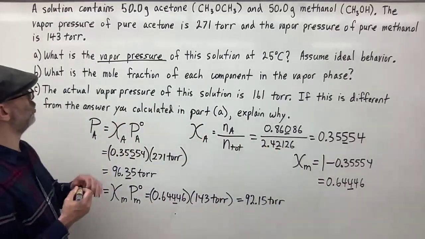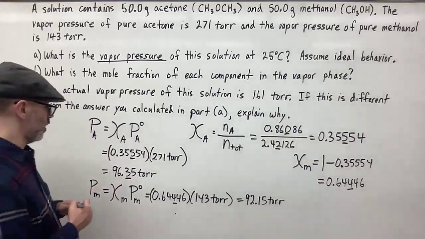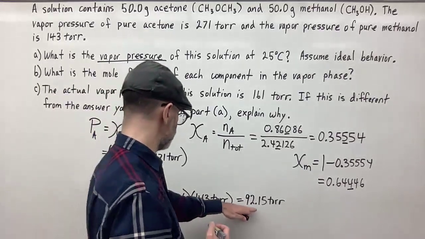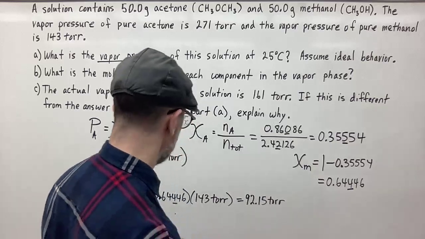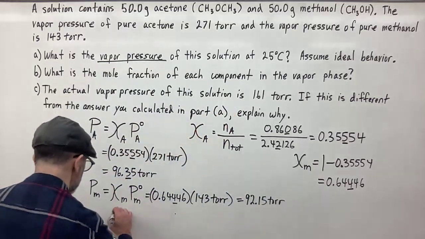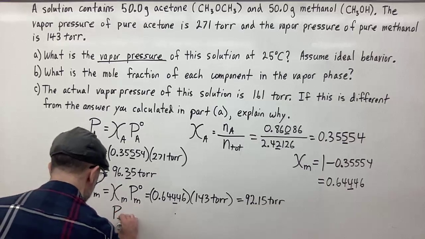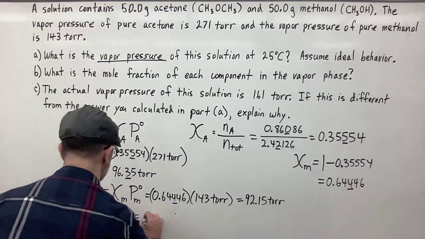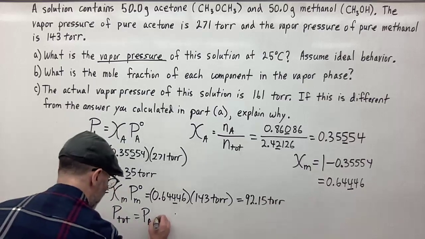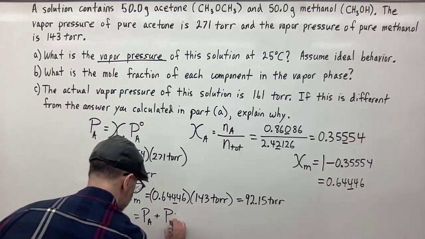And to get the total pressure, I add those together. So 96.35 plus 92.15. The total vapor pressure is going to be PA, the vapor pressure of acetone, plus the vapor pressure of methanol.